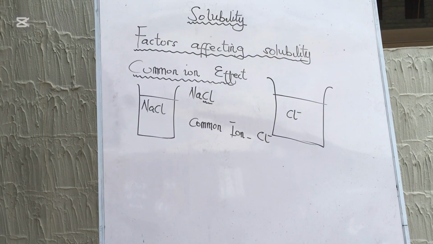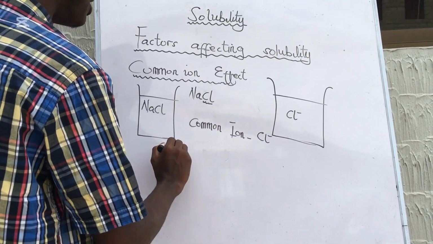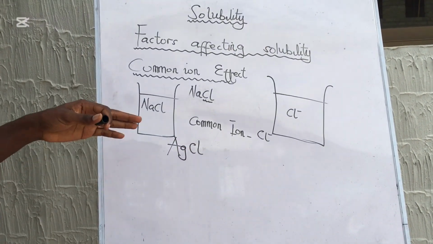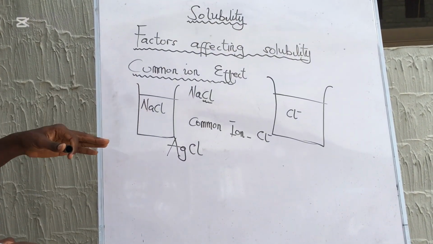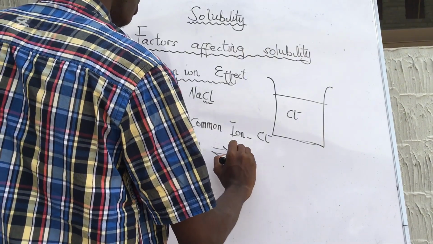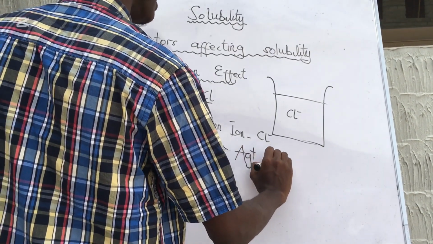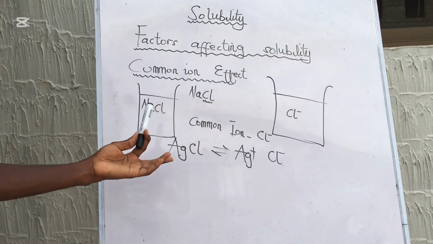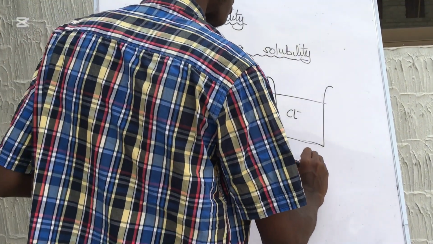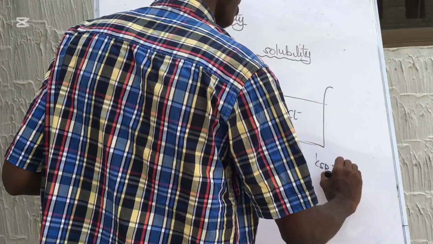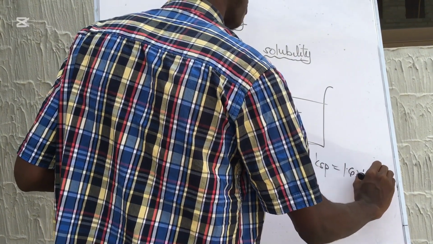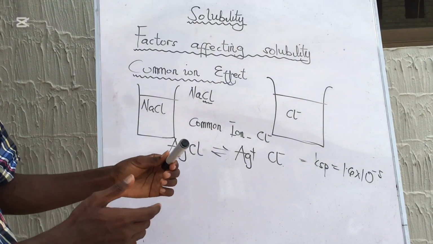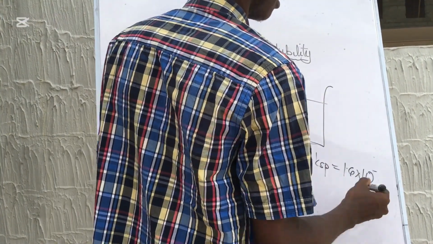If you're having AgCl, for instance, a salt, in a particular solution, it will give you Ag plus and Cl minus at equilibrium. Now, let's say the Ksp of this AgCl is 1.6 times 10 raised to the power negative 10, to be reasonable.